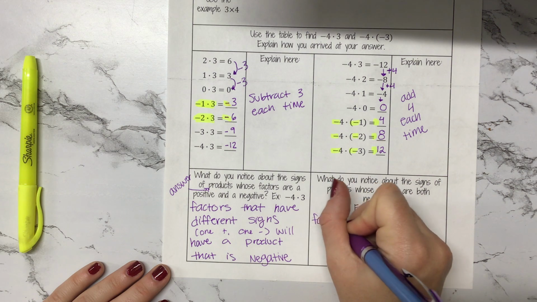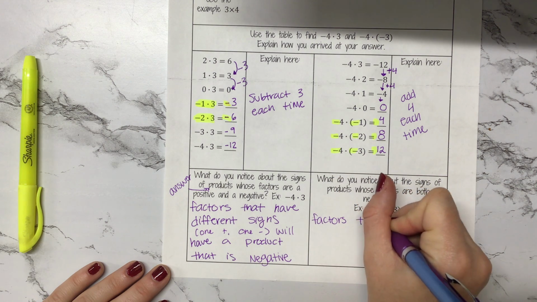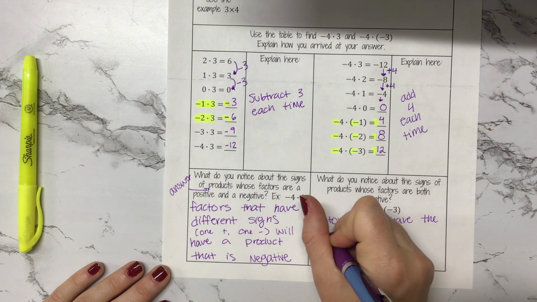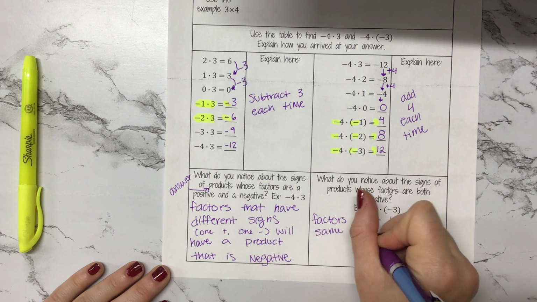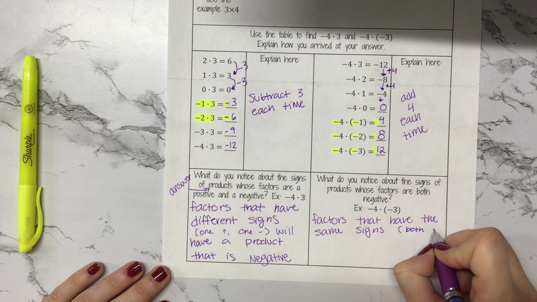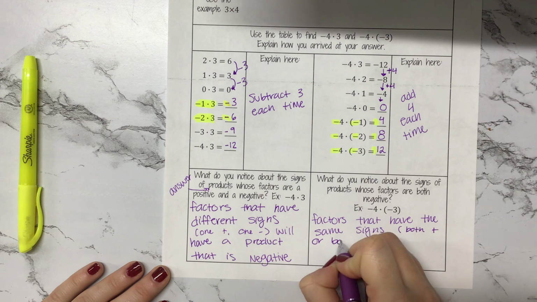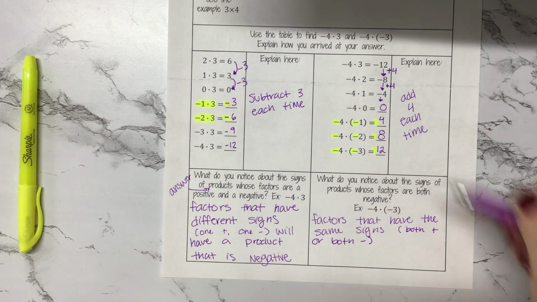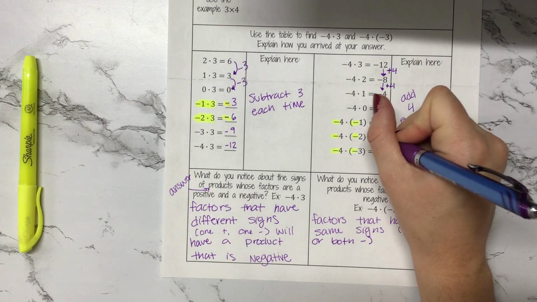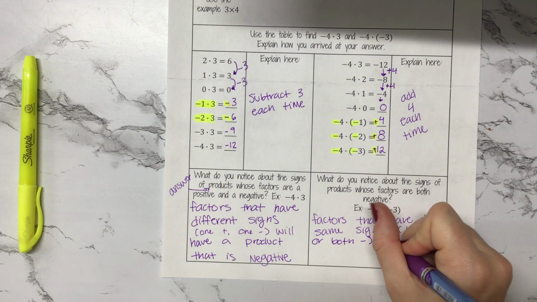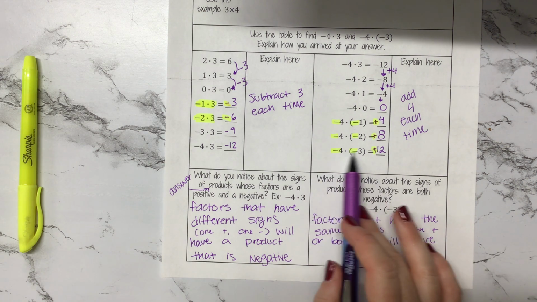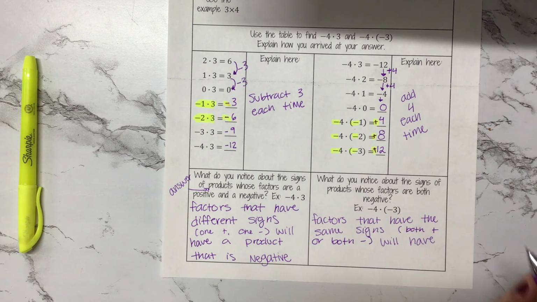Factors that have the same signs, so they're both positive or they're both negative. So here was a negative times a negative, and I had a positive answer each time. We'll have a product. So every time I multiplied 2 negatives together, I ended up with a positive answer.